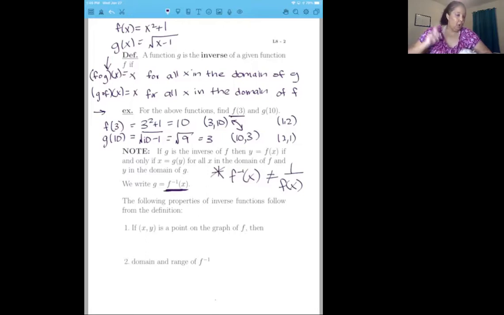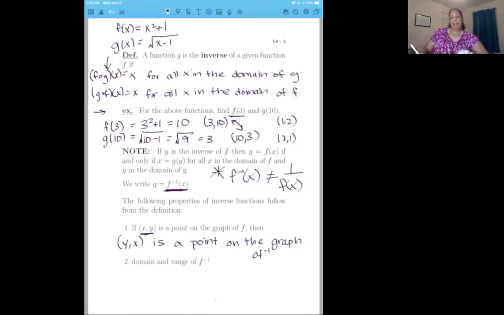All right, so what we were saying, if (x, y) is a point on the graph of f, then (y, x) is a point on the graph of f inverse.